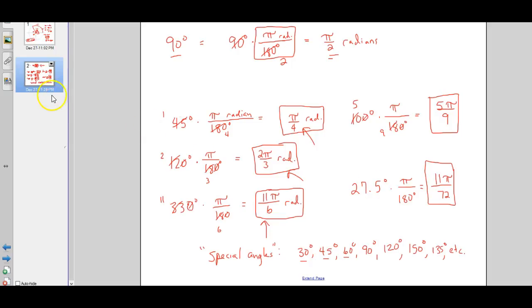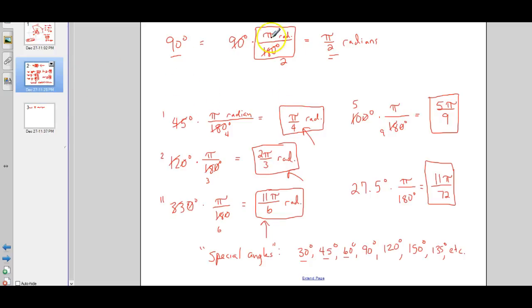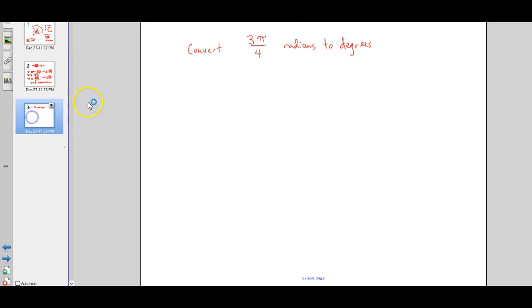All right, now let's go back the other way. What if I have something like: convert 3 pi over 4 radians to degrees? Now we're going back the other way. So instead of multiplying by pi over 180, it's still equivalent if I write it with 180 on top instead of pi on top and 180 on the bottom. 180 degrees is also pi radians, so it's still multiplying by 1, but now the pi's cancel away, and I'm going to end up with just degrees.